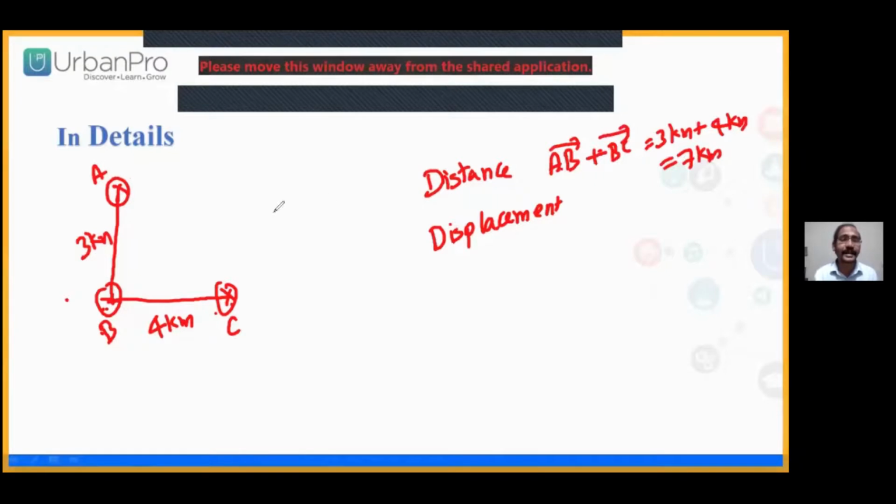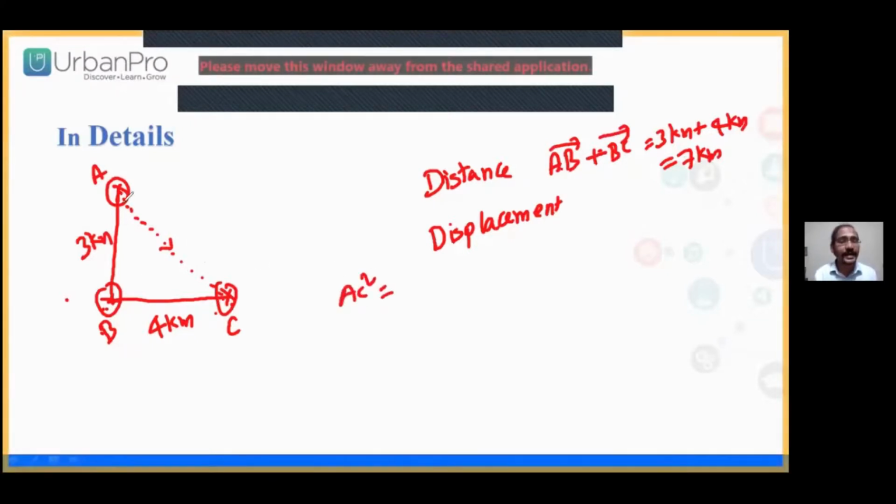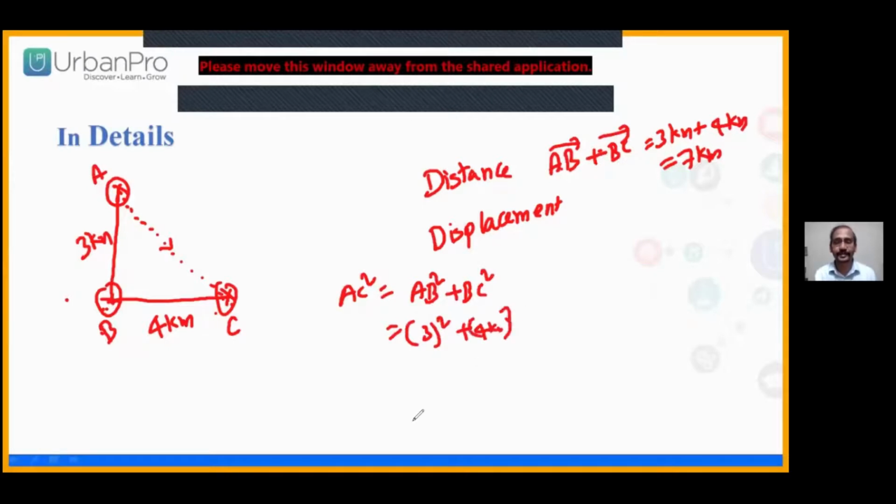What is displacement? The minimum path traveled by an object. This is the minimum path, A to C. Now, how to calculate A to C? We can remember, this is a right angle triangle. AC square is equal to AB square plus BC square as per Pythagoras theorem. So AC square is equal to 3 kilometers whole square plus 4 kilometers whole square.